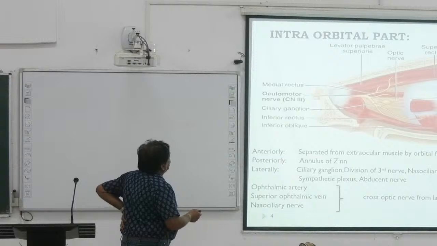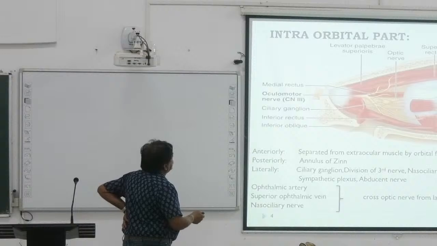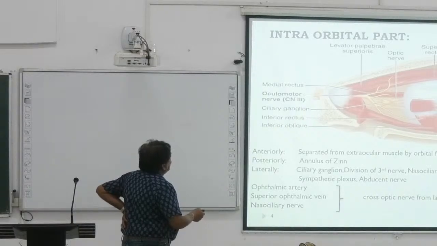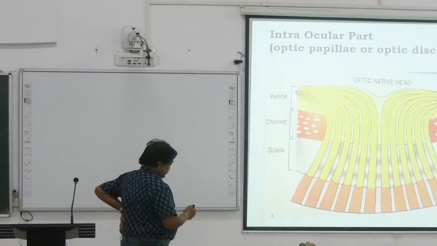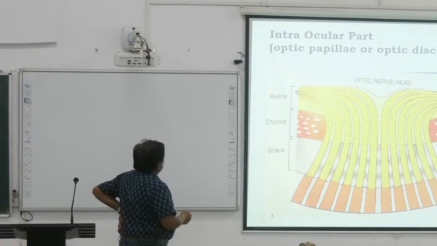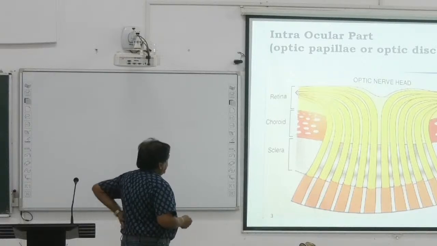Now, this is the optic nerve, this part is the diameter of the optic nerve. You see, again I go back to the previous slide. See the retina, the optic nerve head, choroid and sclera.